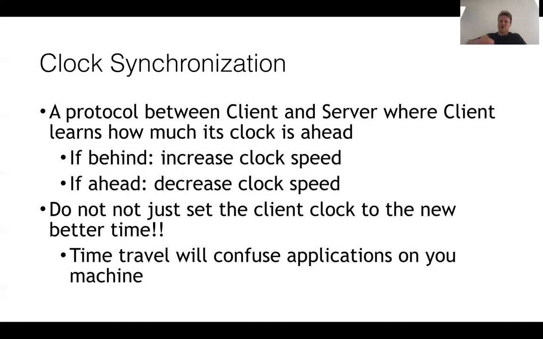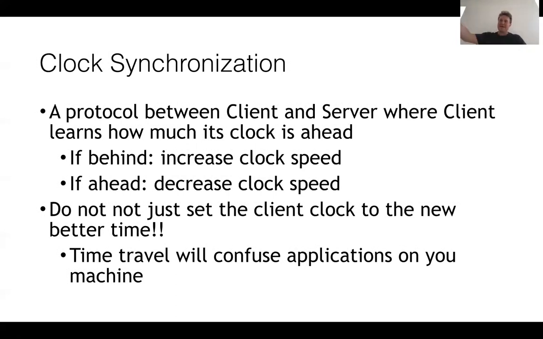So if your clock is ahead, you don't just put it back, you slow your clock down instead. Unless it's dramatically ahead, years or days, which is really a mistake. But if it drifted a few seconds, you will just slow it down so it will catch back up with the real time. Also, that's much better for avoiding drift in the future.